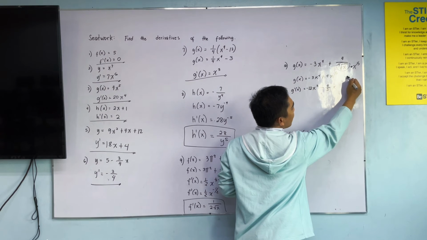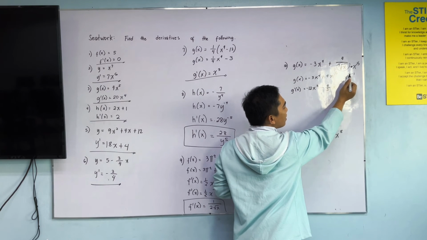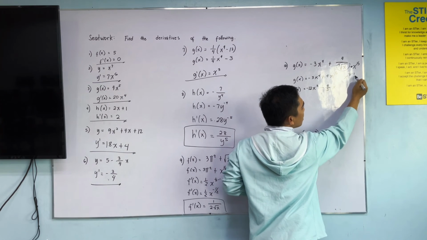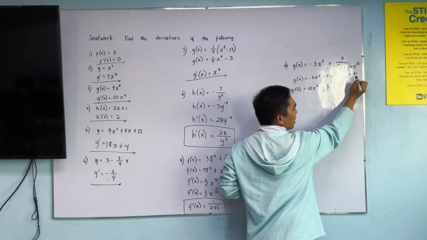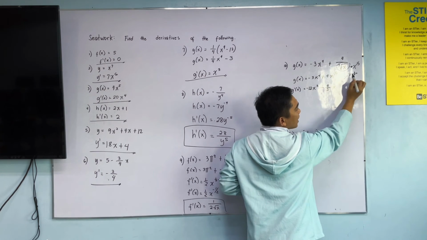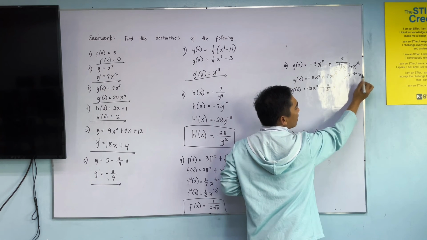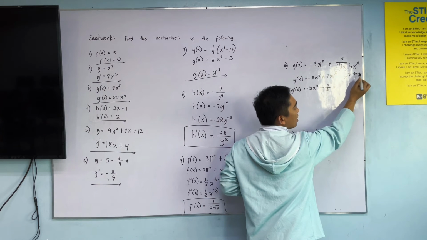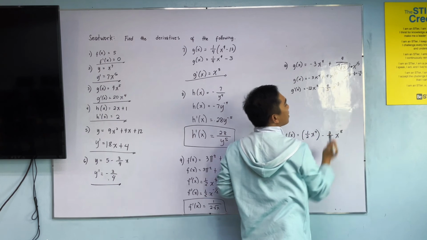Magiging x raised to minus 1 and 1/3, negative 1/3 minus 1, this is equal to, anong sagot natin dito? Yung 1, pwede natin yung palitan as 3 over 3. Kasi 3 divided by 3, that is 1. Para nakikita natin na they have the same denominator, so just copy. Negative 1 minus 3 is negative 4. So, negative 4 over 3. Ayan na siya.